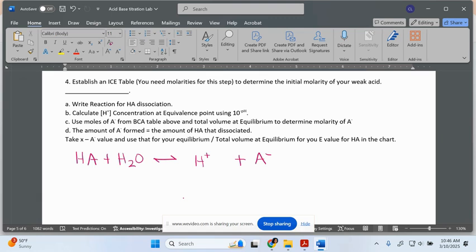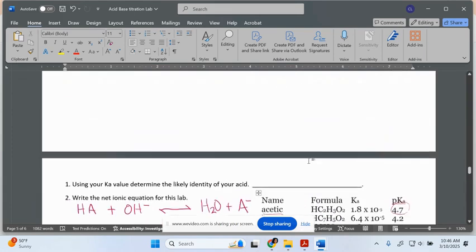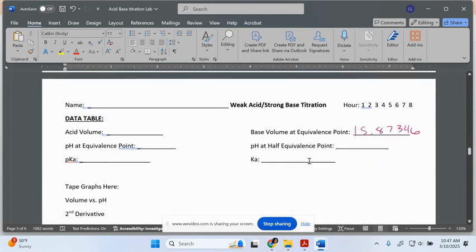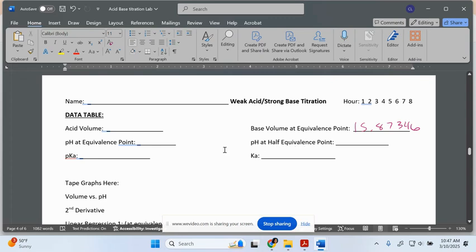Okay. I need to calculate my H concentration at equivalence using this value. So I am going to go back to my table here. Hopefully you did a linear regression to get your equivalence point here, and then did another one to get the pH at the equivalence point.